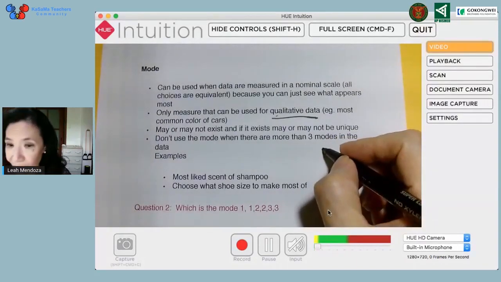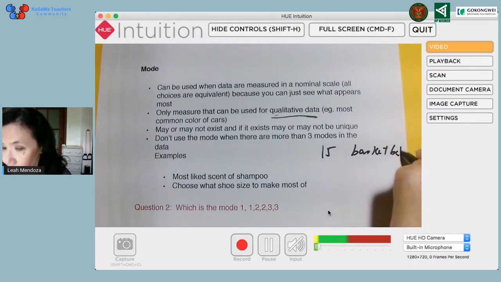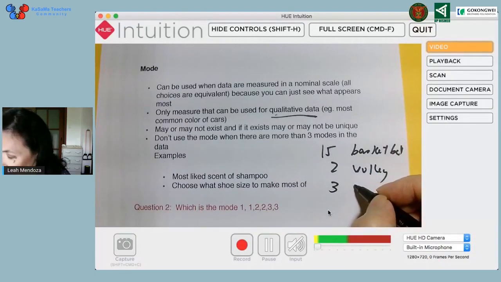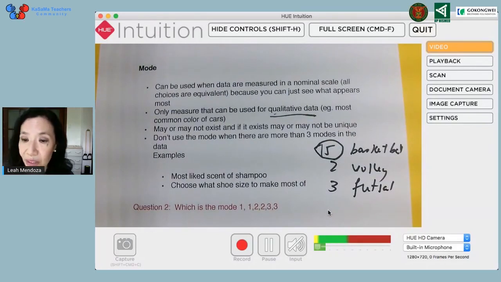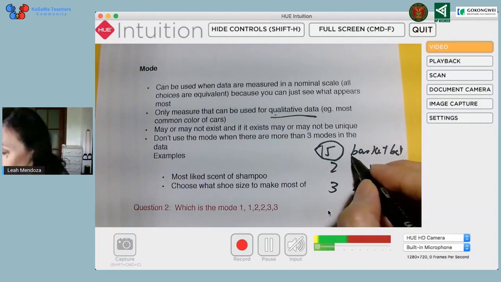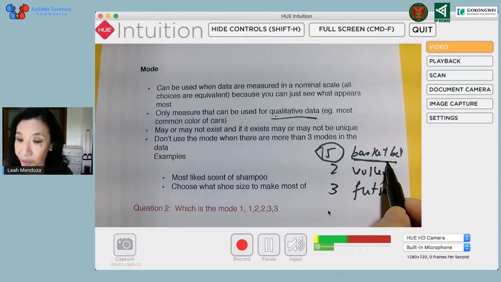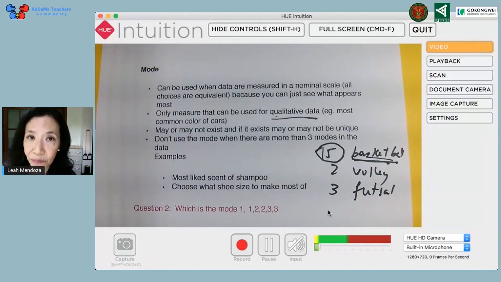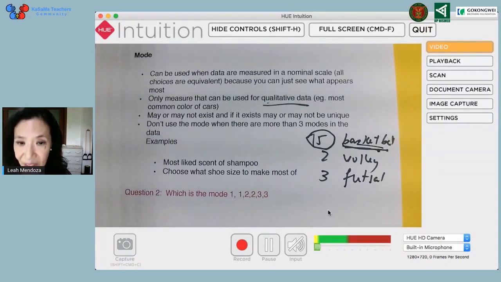Let's say 15 play basketball in your school, 2 play volleyball, and 3 play futsal. Around what answer does the data center around? It's basketball. So you can talk of an average, in quotation marks, for qualitative data.